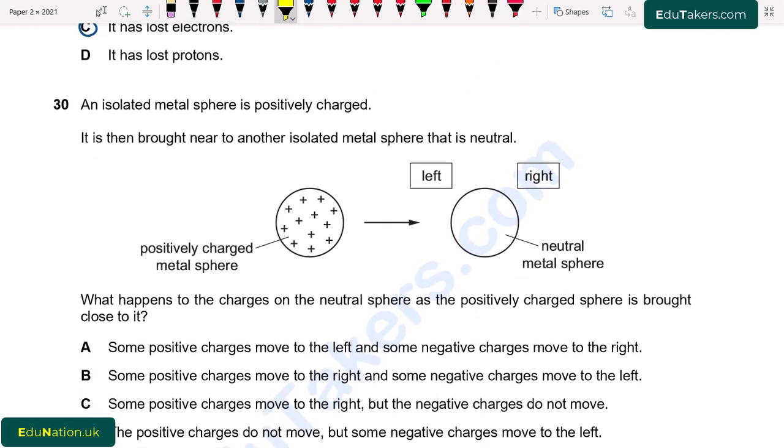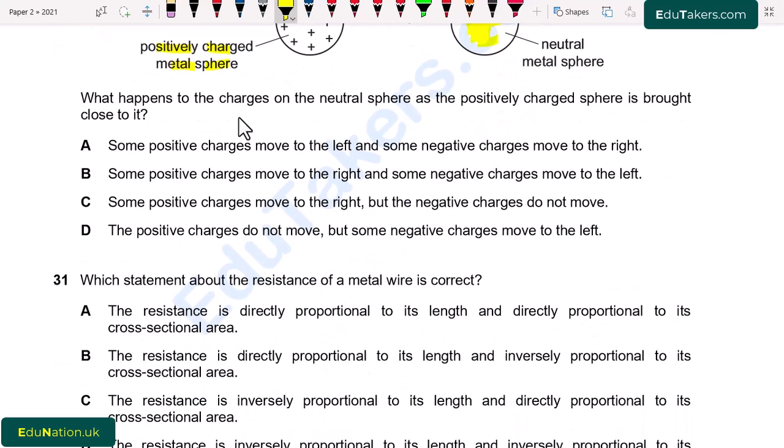Question number 30. An isolated metal sphere is positively charged. It is then brought near to another isolated metal sphere that is neutral. First of all, here is the positively charged metal sphere, and second, here is the neutral metal sphere. What happens to the charges on the neutral sphere as the positively charged sphere is brought close to it?